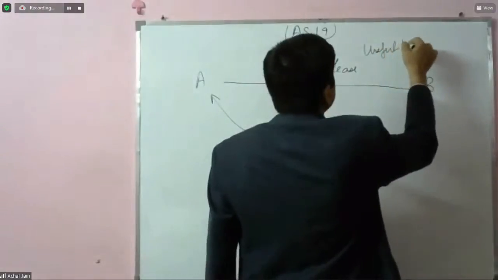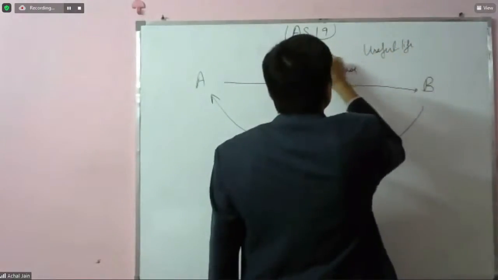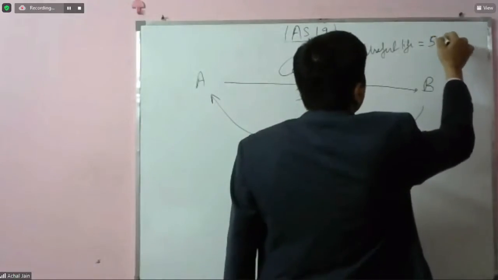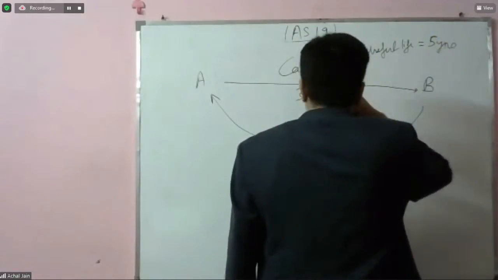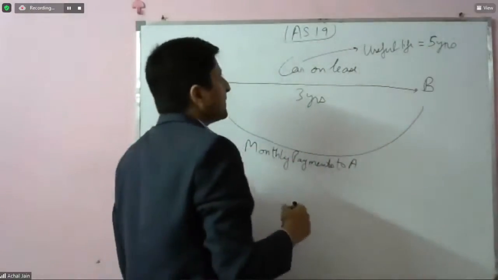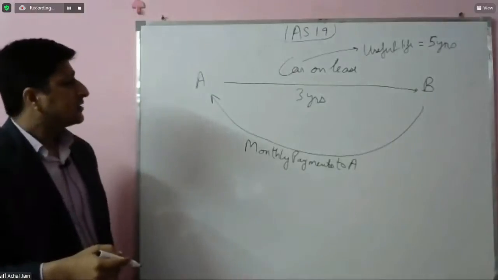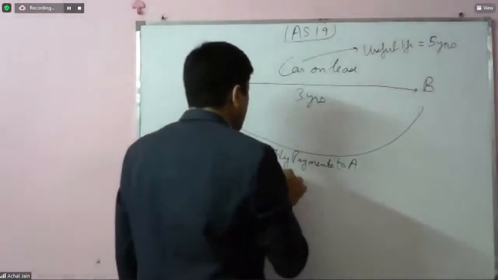Useful life of car is 5 years. Monthly payment which we would make to A is 10,000 per month.